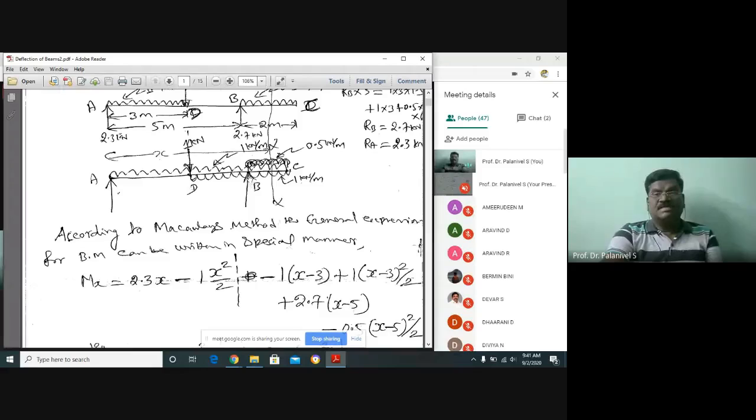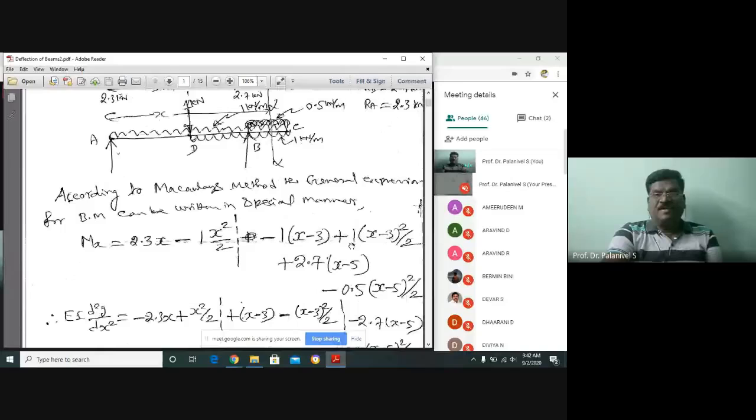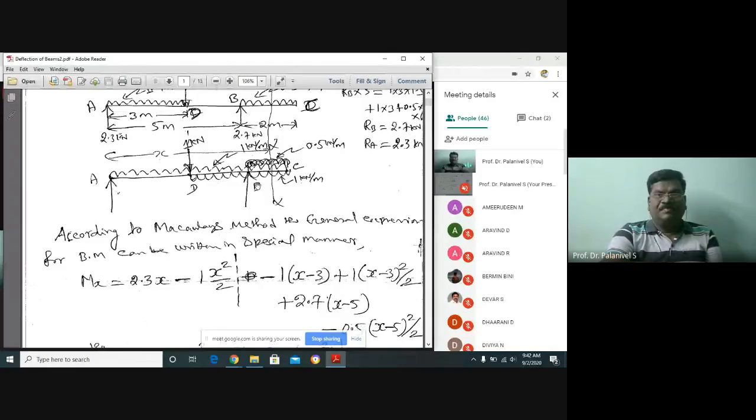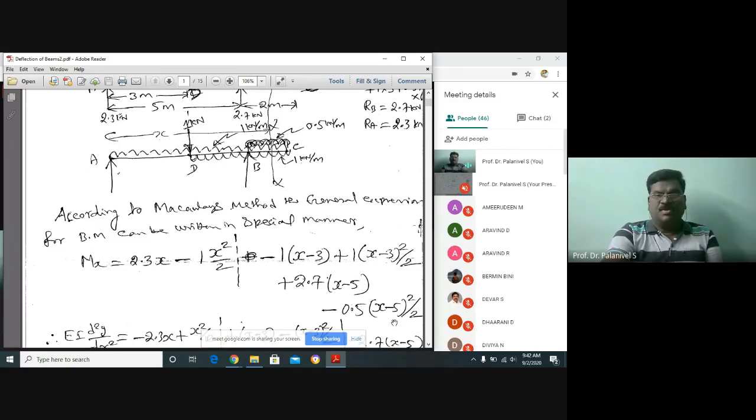The upward UDL is already over, and there is a downward UDL acting. This UDL is already included in the earlier parts. Only the 0.5 UDL is acting downward, which gives minus 0.5 into x minus 5. The distance between support A and B is 5, and the UDL starts only here, so it is x minus 5 into x minus 5 divided by 2, that is, x minus 5 whole squared divided by 2.